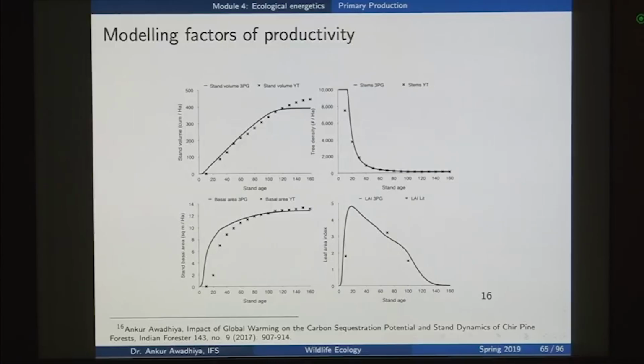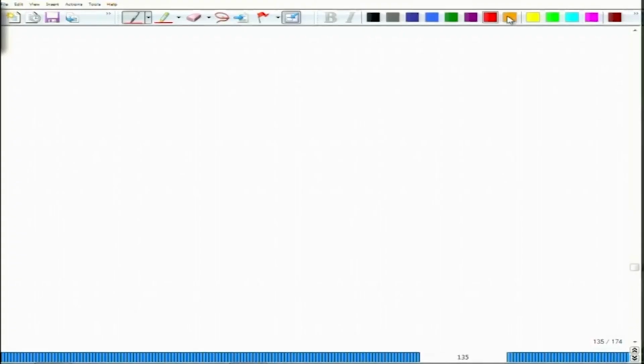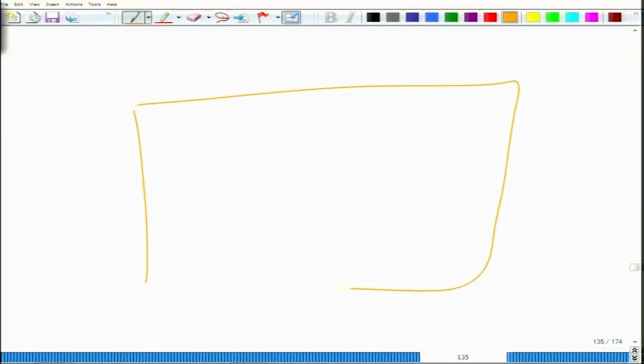In the case of a yield table, what people have done is that they have gone to the forest and looked at different trees at different stages of their life. For instance, you have an area that is completely free of any plants, and then you plant some pine saplings here.